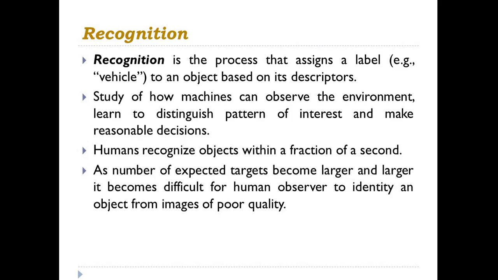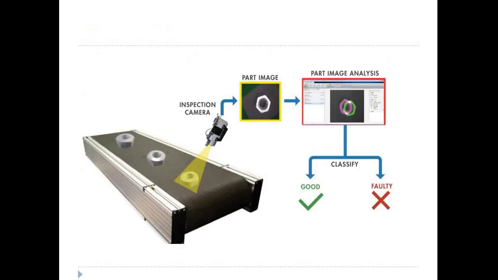As the number of expected targets becomes larger and larger, it becomes difficult for a human observer to identify an object from images of poor quality. So now this is the example: region of interest, analyst, and it is classified as good or faulty.